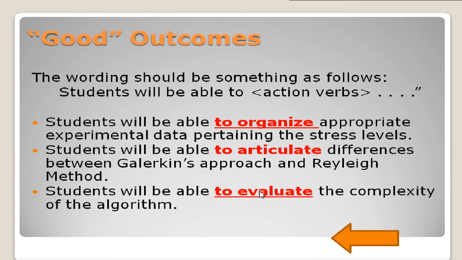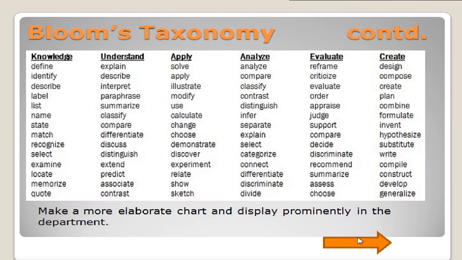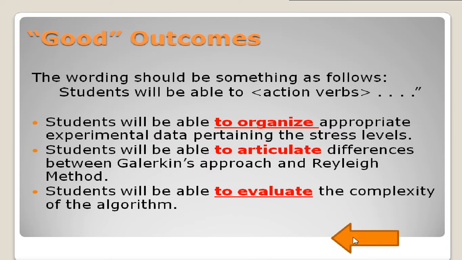Similarly, if you say evaluate, evaluate again we have seen is falling into the domain of evaluate. So these kind of stand out to be good course learning outcomes. So you'll have a header line, students will be able to, and then several bullets: organize, articulate, evaluate, and so on and so forth.